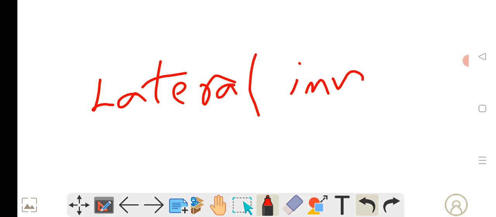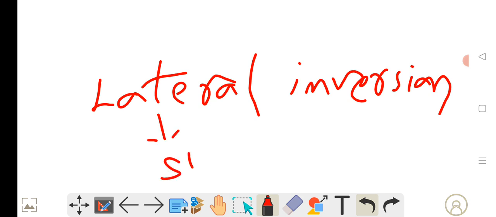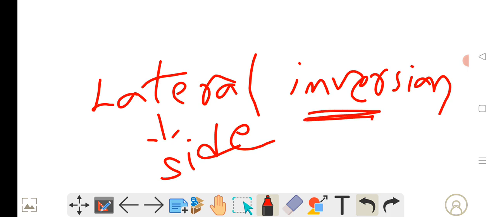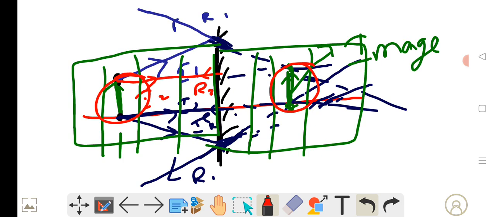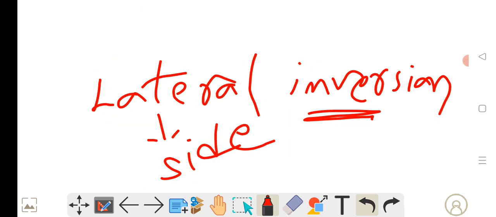Remember, lateral means side. So lateral inversion means what? Sides are exchanged, or sides are inverted, and the image is formed by intersection of extended rays. So we call this image a virtual image. What do we call? Virtual image.